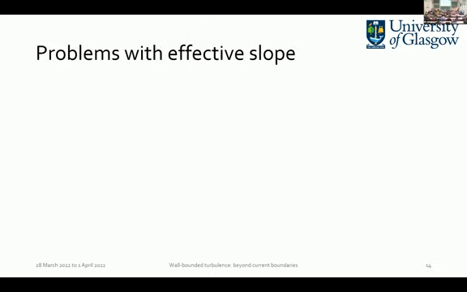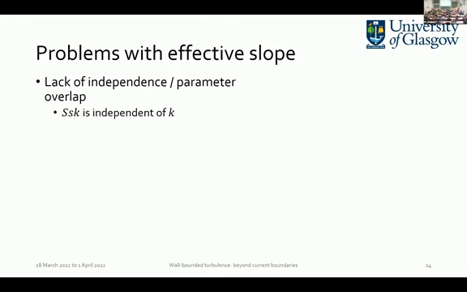Now, I see also a few problems with effective slope, and I'll briefly discuss them. The first problem is what I see as a little bit of lack of independence and parameter overlap. What I mean by this is that if we, for example, consider skewness, this is independent of the height because it just characterizes the shape of the height distribution.